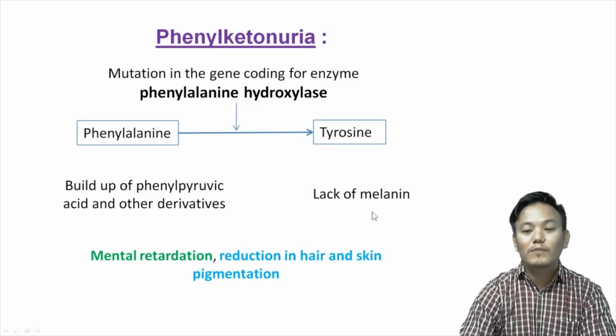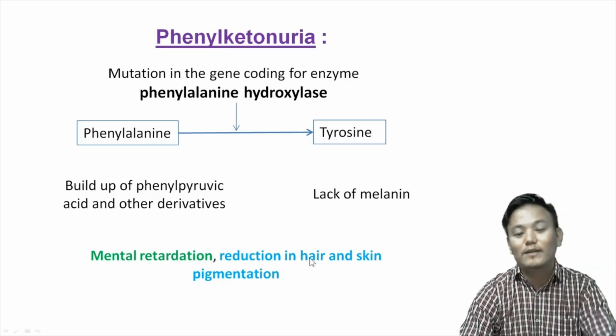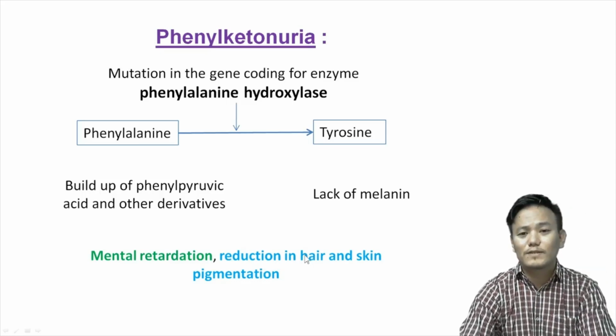Now, if there is less production of melanin, what will happen? Your skin color and hair color will fade away. Your hair color will not be normal, your skin color will not be normal. There will be a reduction in hair and skin pigmentation, so you will have light hair and very fair skin.